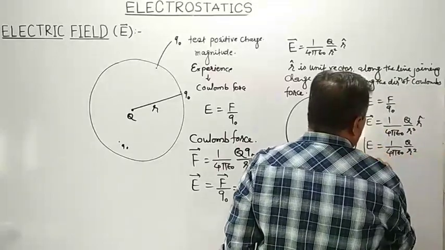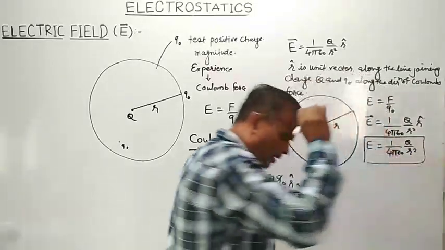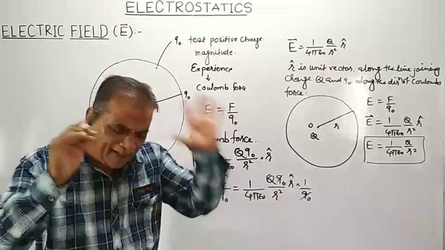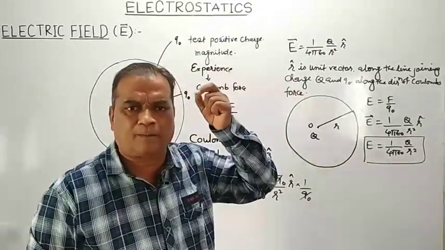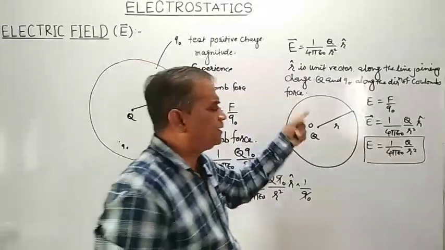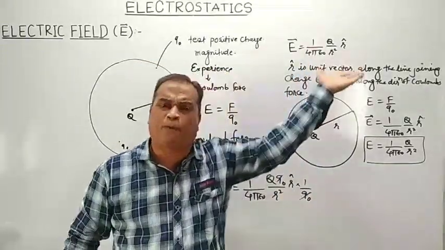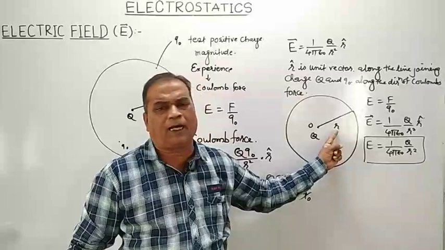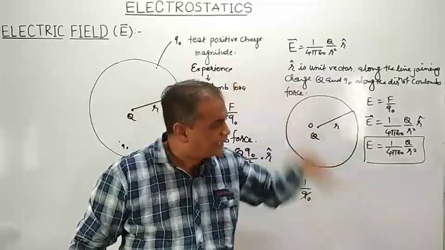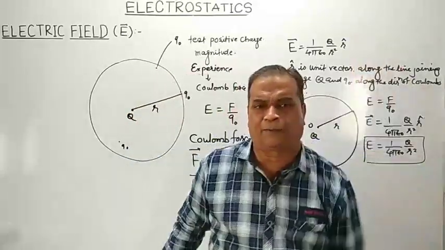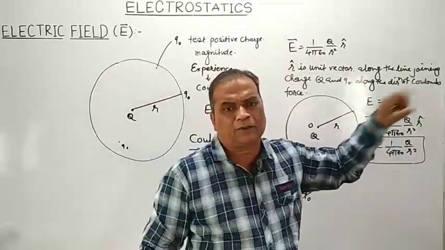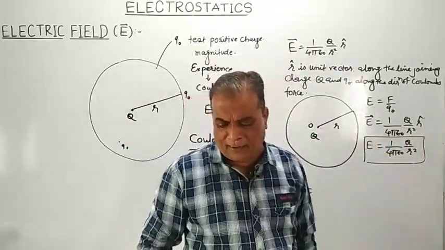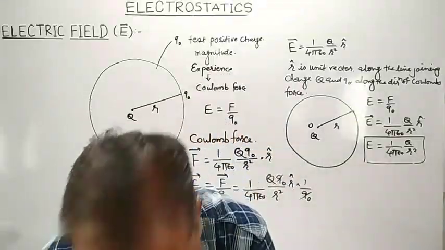So this is the vector form, and in magnitude it is 1 upon 4 pi epsilon 0 Q divided by r square. Remember that whenever you are given a charge Q and you have to calculate the electric intensity at any point at a distance small r from it, the electric intensity is given by the formula 1 upon 4 pi epsilon 0 Q divided by r square.